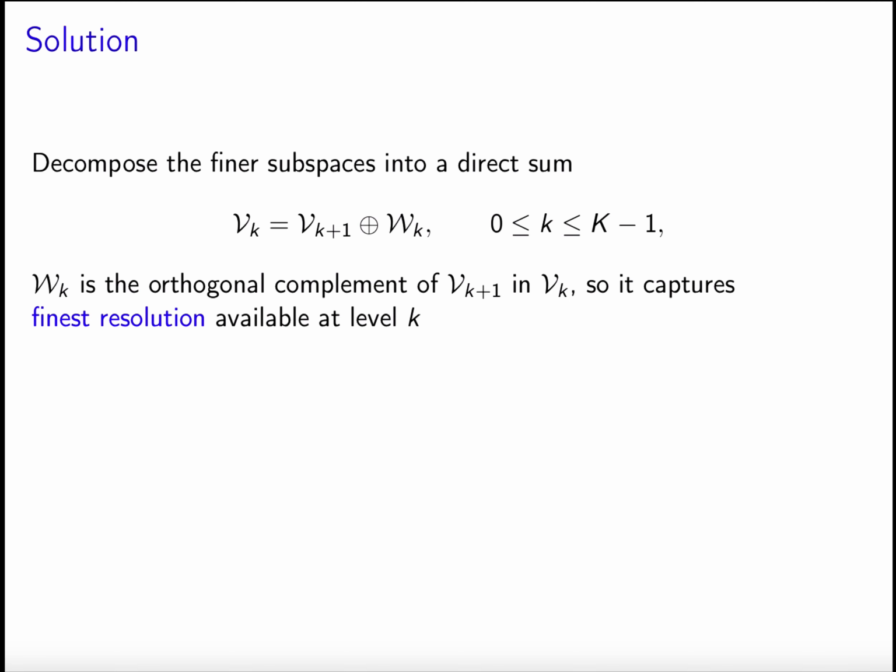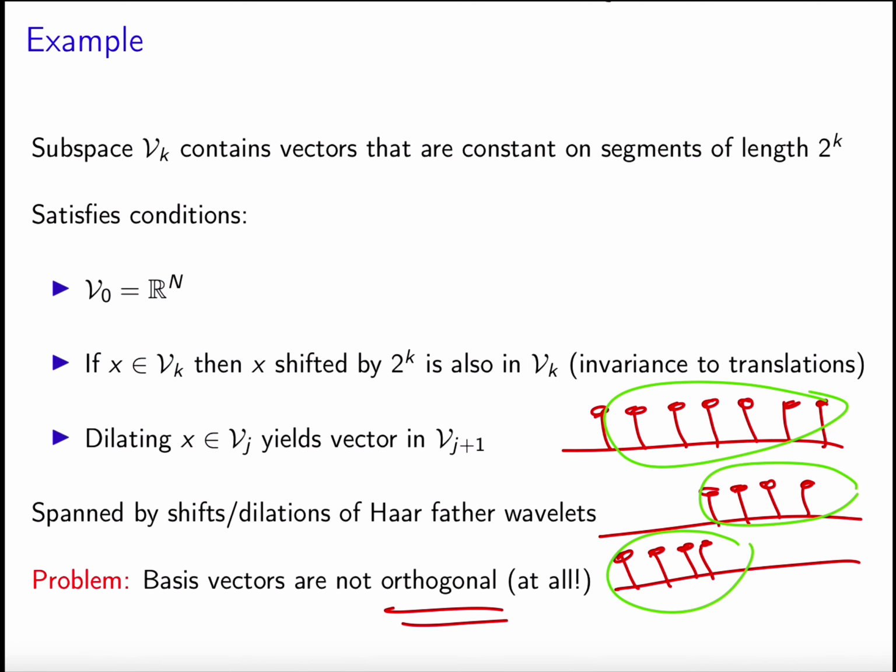You say, okay, how about, because I know that VK includes the subspace with coarser resolution, which means that this subspace here, that is of finer resolution, includes this guy.